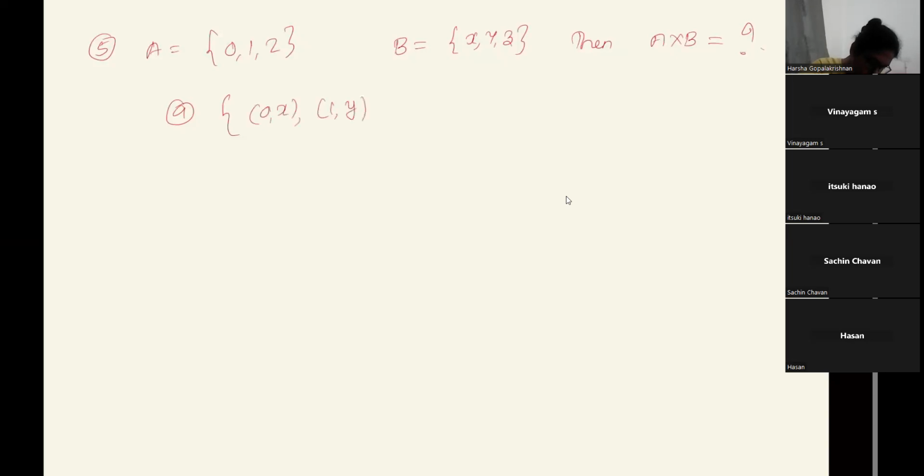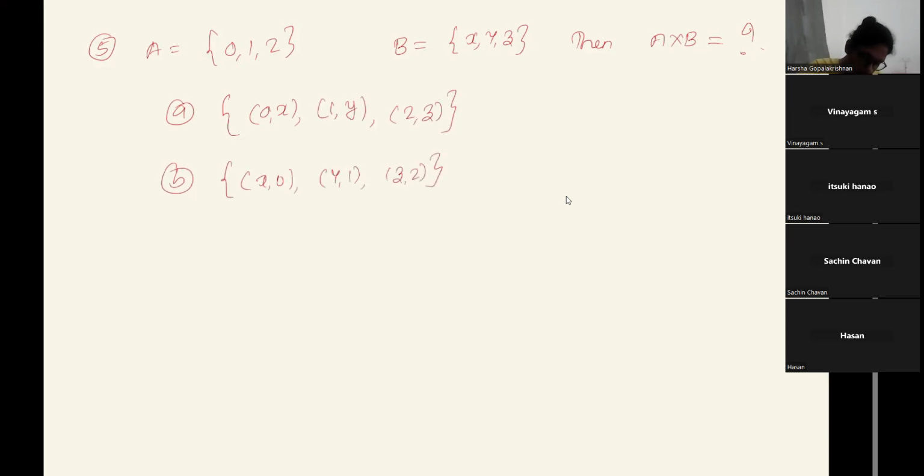Second option is {x0, y1, z2}. Third option is the union of the above two sets: x0, 1y, 2z.